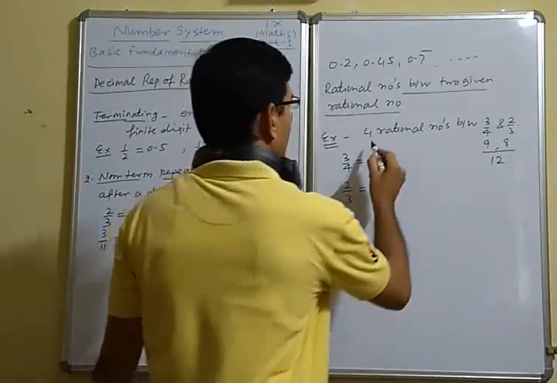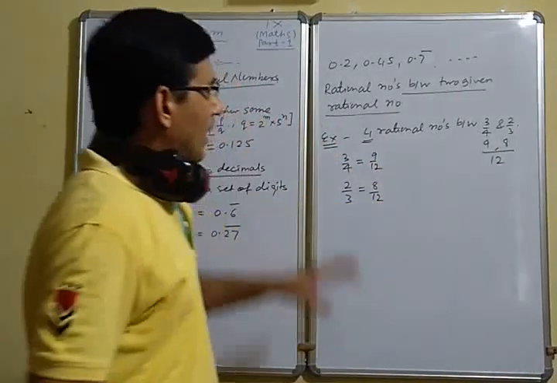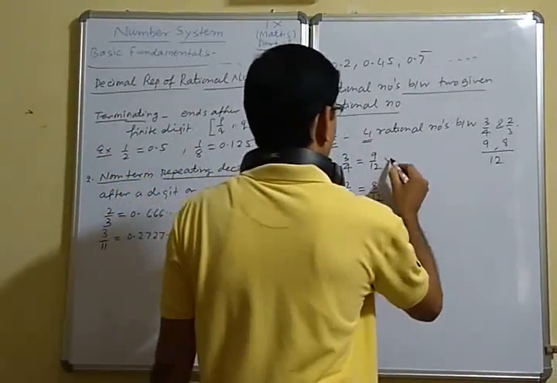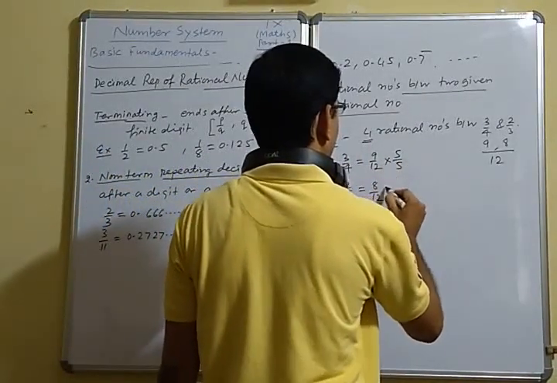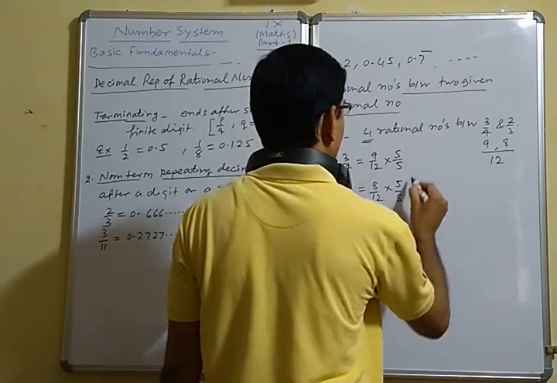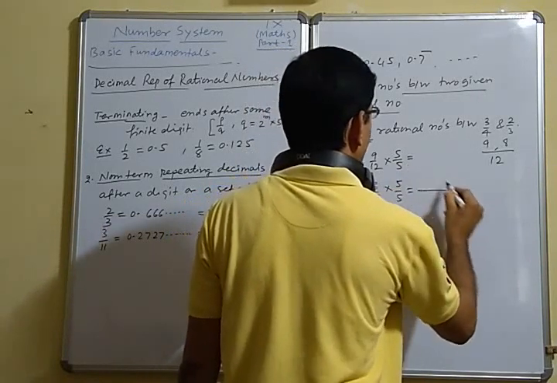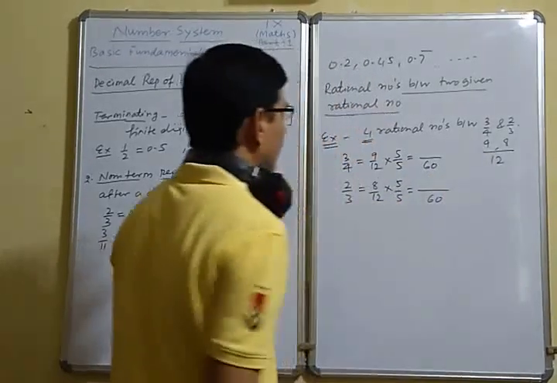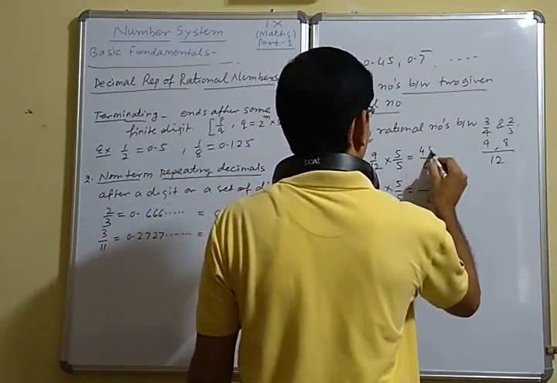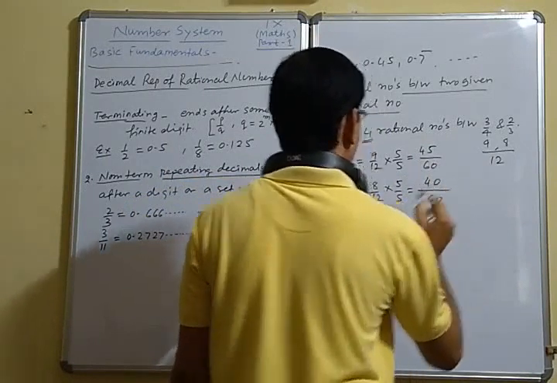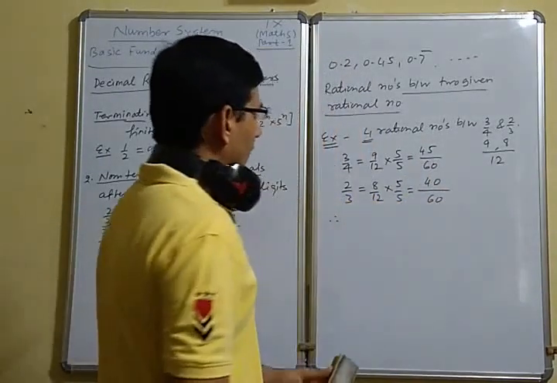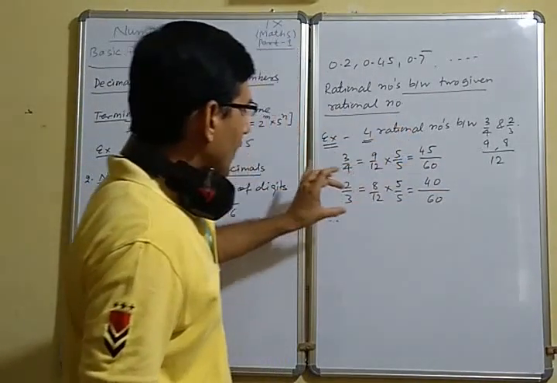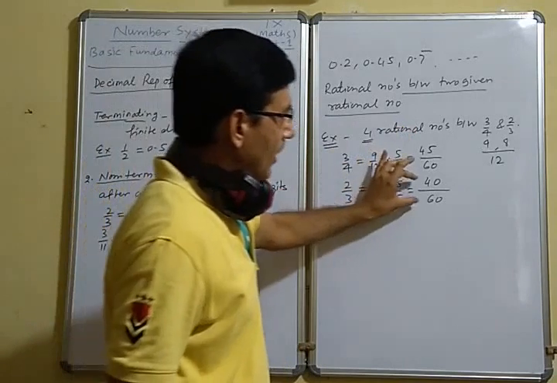Now we have to insert 4 rational numbers, so multiply by at least one more than this 4, that is multiplied by 5 in numerator and denominator to convert into equal denominator. Now here it is 60 and here it is 60. After multiplication 45 and here it is 40. So 3 by 4 can be written as 45 by 60, 2 by 3 can be written as 40 by 60.